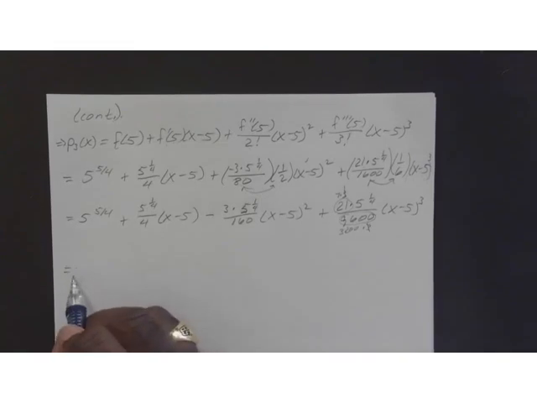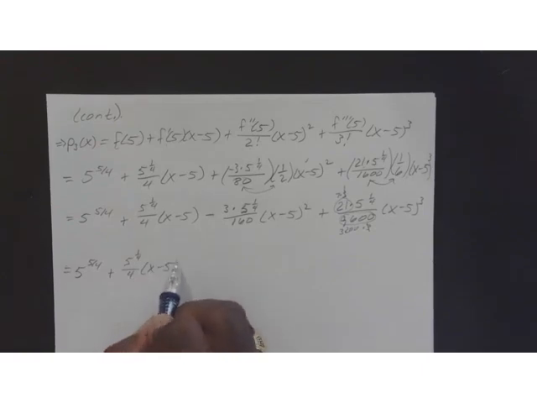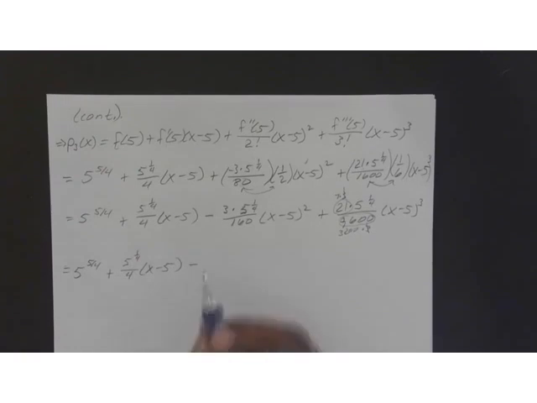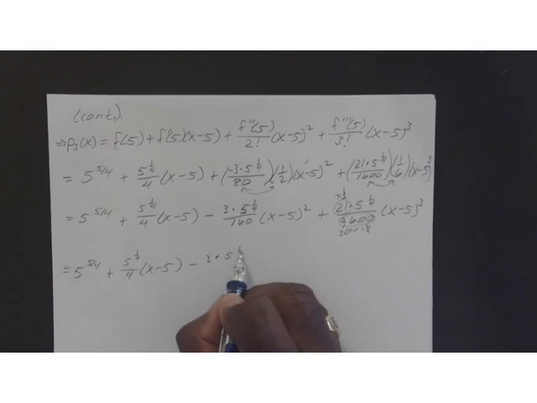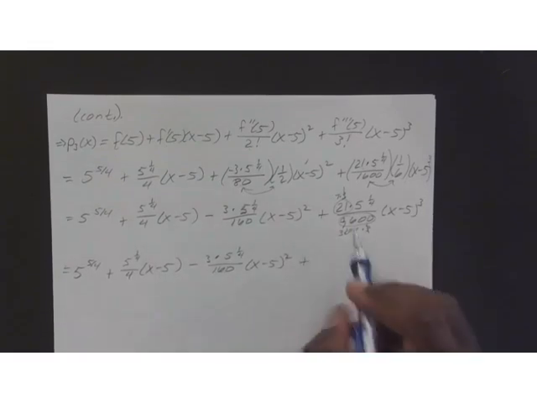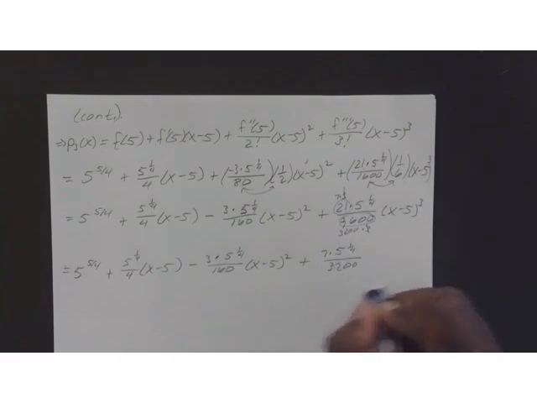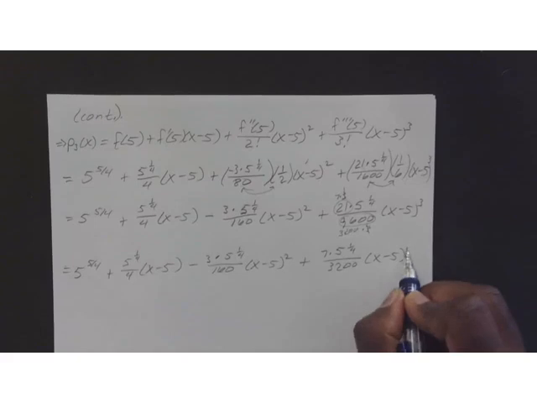So our final answer is 5 to the 5/4 power plus 5 to the 1/4 power divided by 4 times x minus 5, minus 3 times 5 to the 1/4 power divided by 160 times x minus 5 squared, plus 7 times 5 to the 1/4 power divided by 3,200 times x minus 5 to the 3rd power.